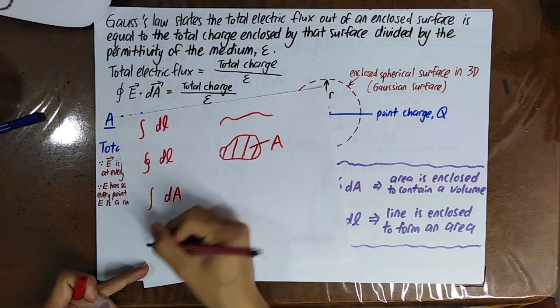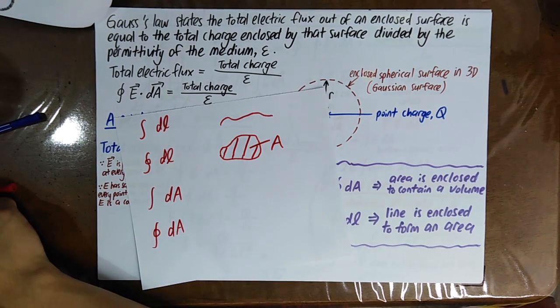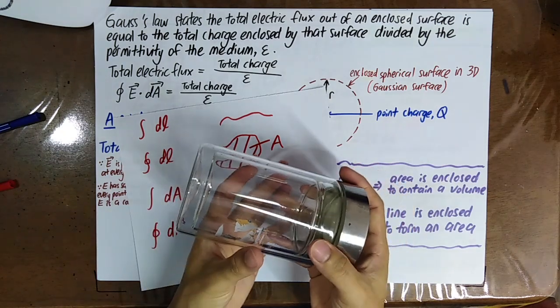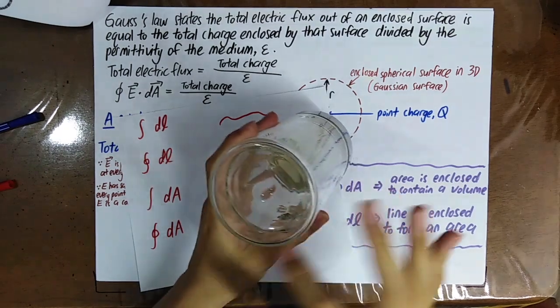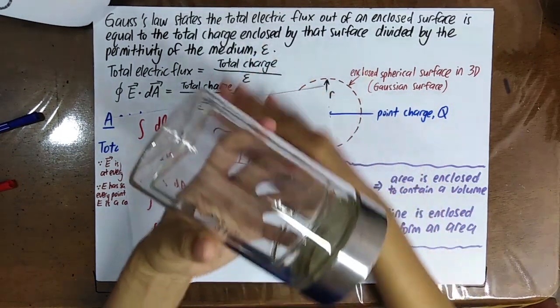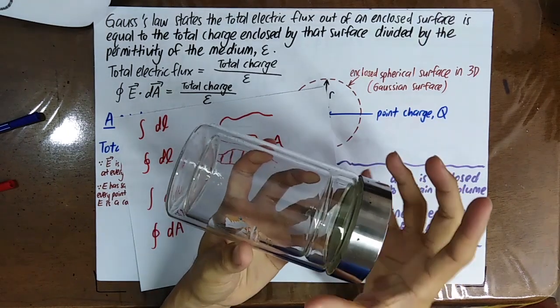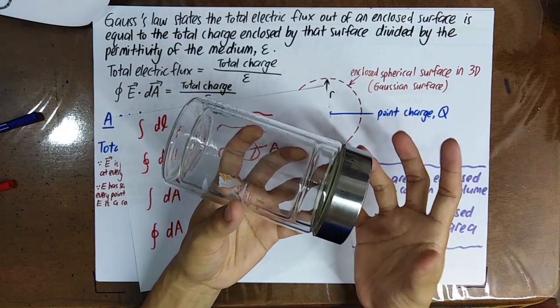And then when you are doing the closed surface integral, that means that all the surfaces will enclose together to form a volume. For example, in this case, you have a circular area, another circular area, and also a side area. And therefore, you have an enclosed surface area to contain a volume.